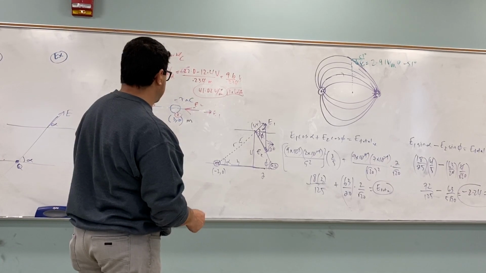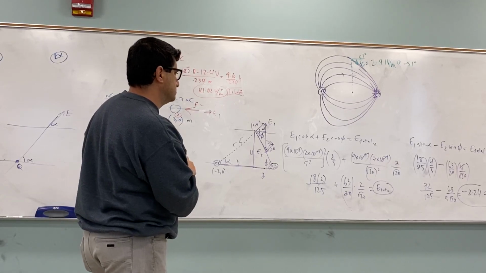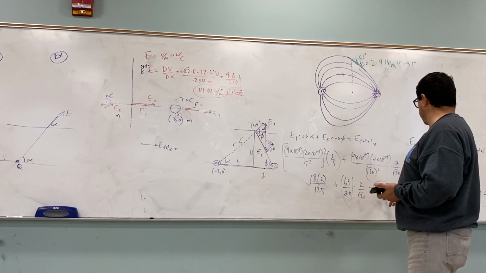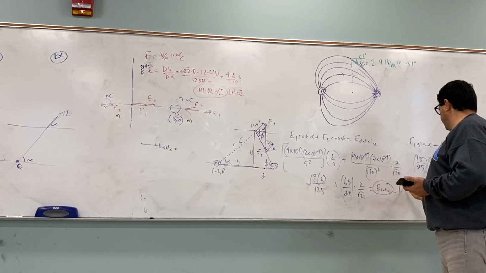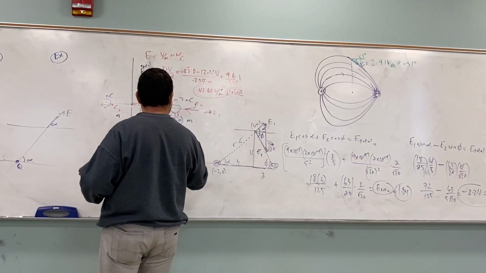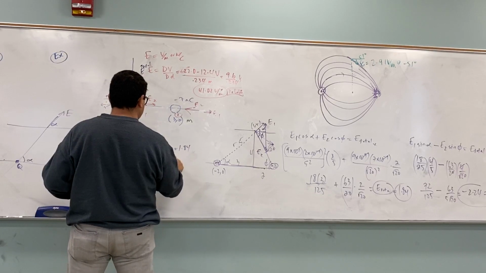I didn't write it anywhere. What did I get? Oh, it was 1.84. So E total X is 1.84, then E total Y is negative 2.24.